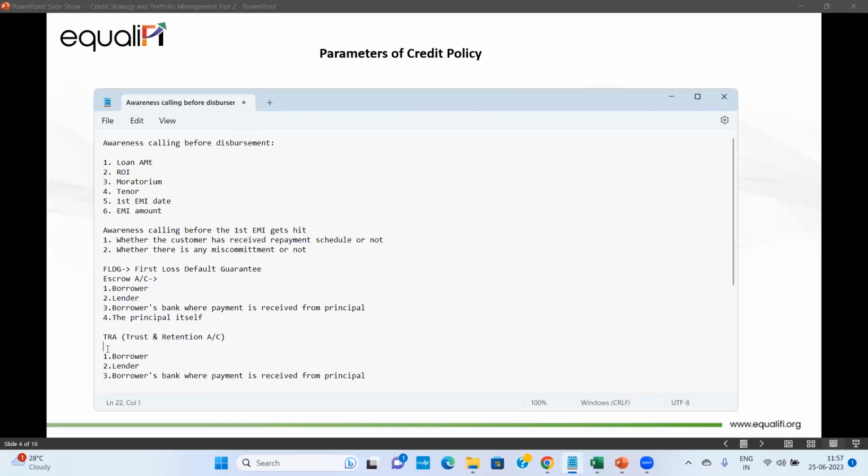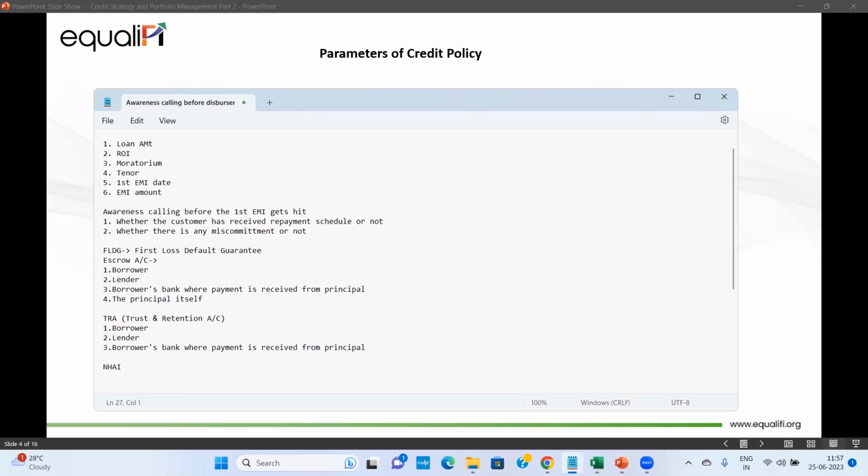Why? Say the principal is NHAI, National Highway Authority of India. They have a high-handed kind of approach. They say that I will not sign any escrow agreement. Then what happens? The lender asks NHAI, sir, give a letter that you will give money to this person in this particular account only. Say the account is Axis Bank.